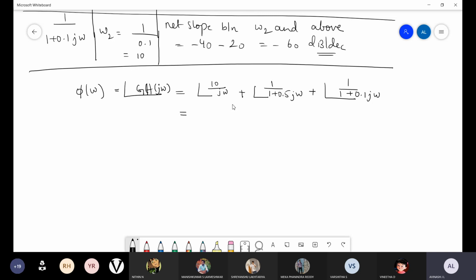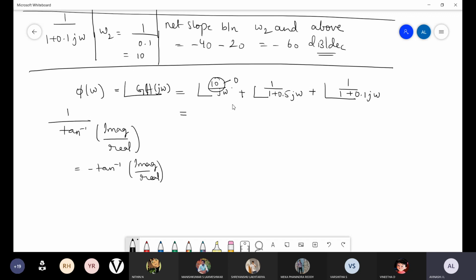Because 10 is in the numerator, its angle is 0. So 1 divided by j omega, that means 1 divided by tan inverse will be left, which implies minus tan inverse of imaginary divided by real part.